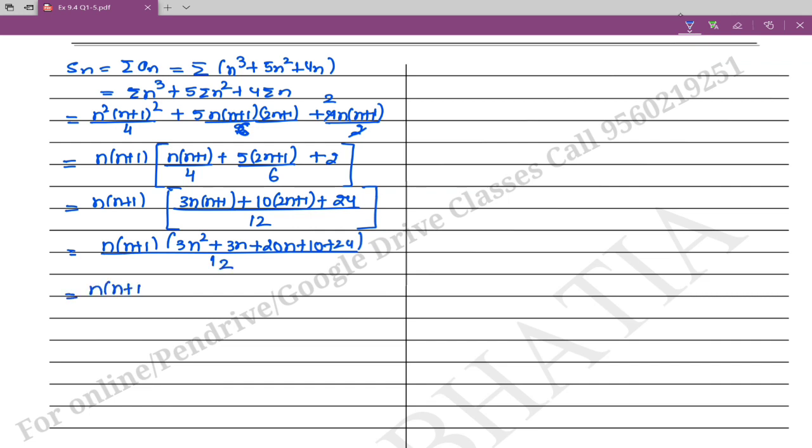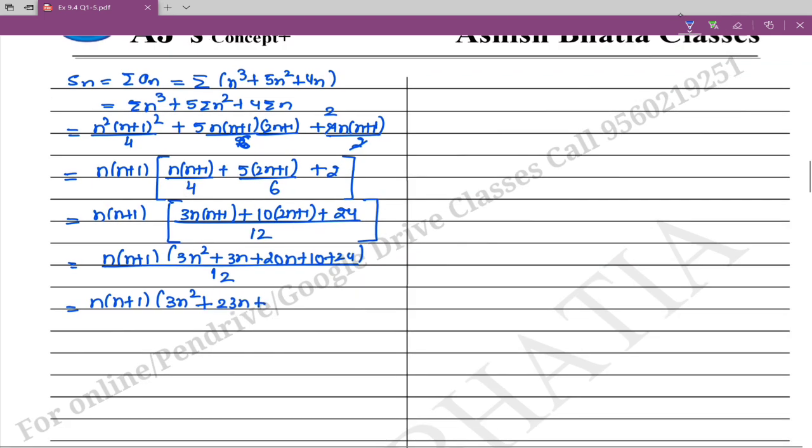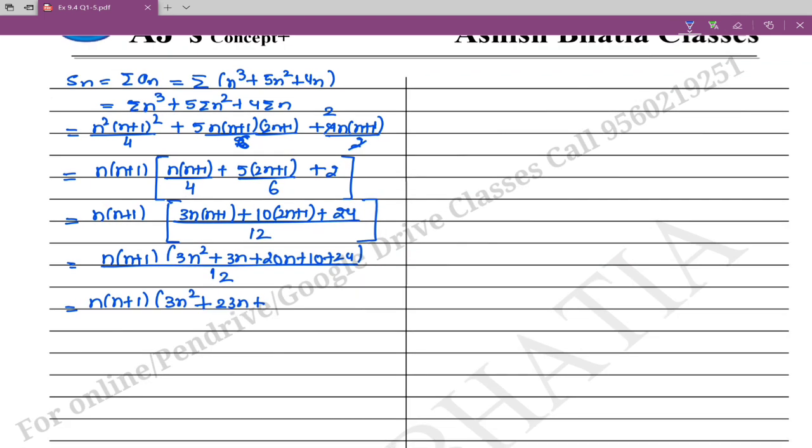N into n plus 1 into 3n square plus 23n plus 24 plus 10 is 34, whole divided by 12. So this is the complete answer.